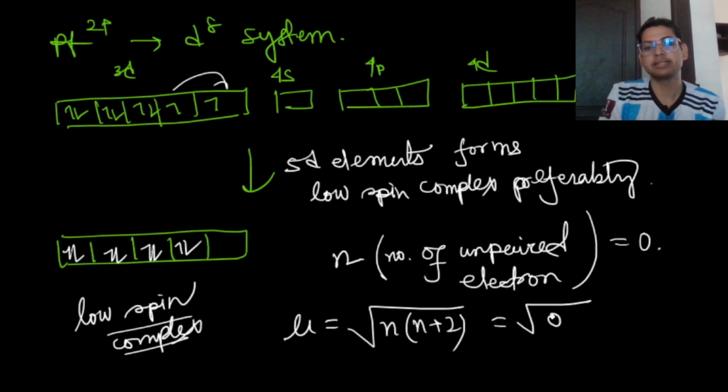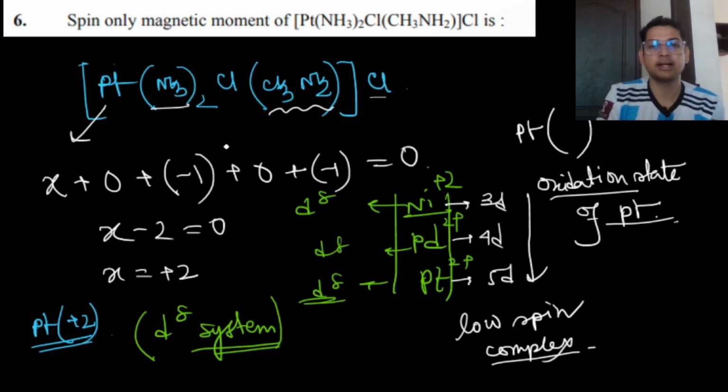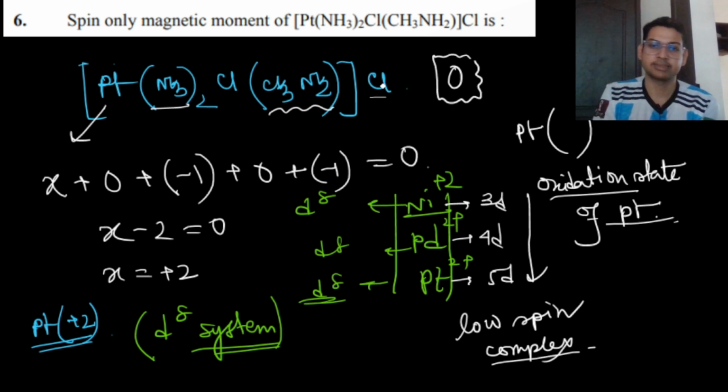That means root over 0 into 0 plus 2 is nothing but 0. Sir, I got my answer. The spin only magnetic moment will be 0. That will be my answer. Got it or not? By this way you have to do this question.